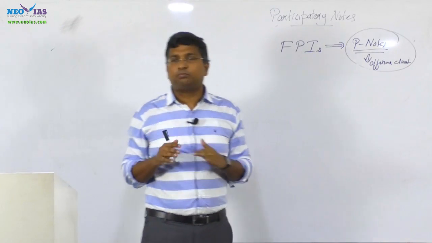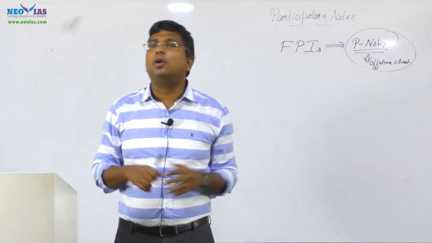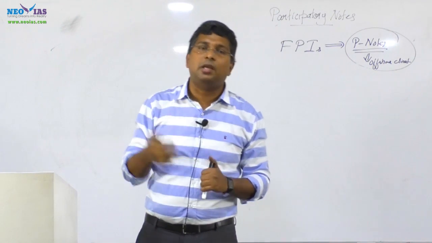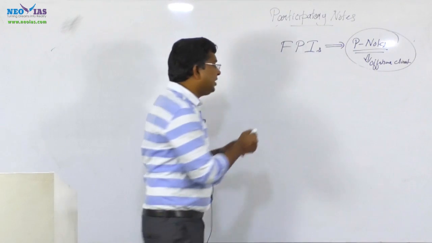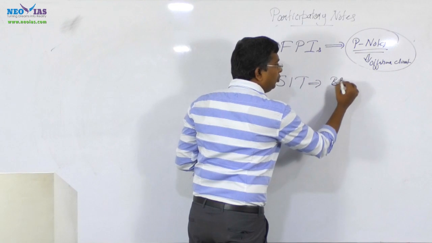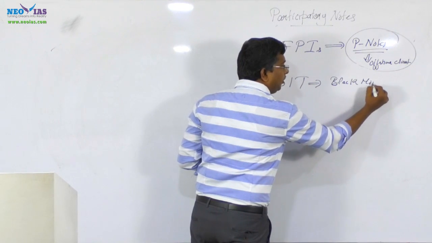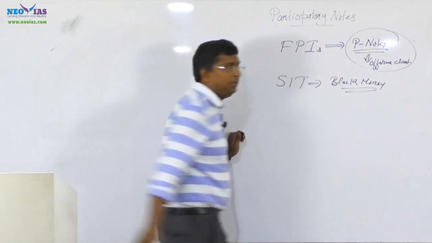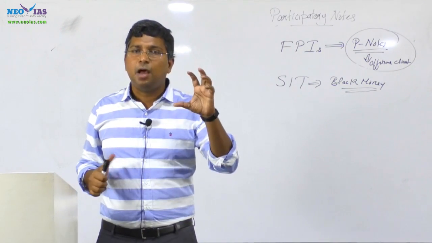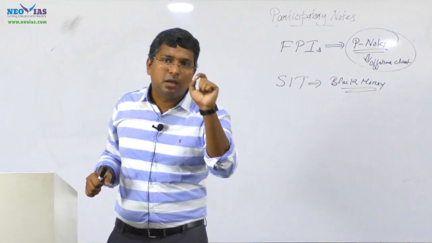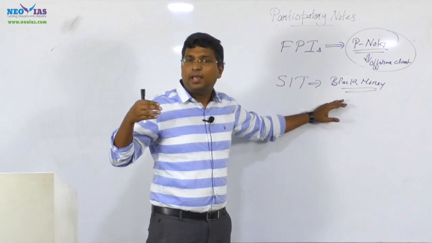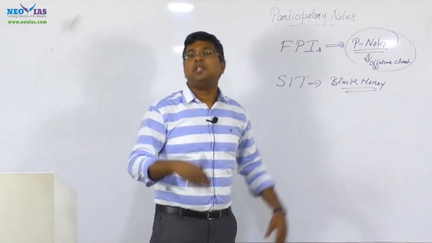Recently there were a lot of controversies and allegations, especially after the special investigation team was set up to find the root of black money. They said that participatory notes is one such route where black money is round tripped back to India or laundered.